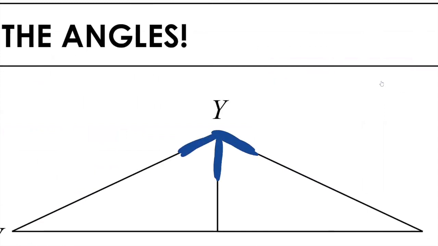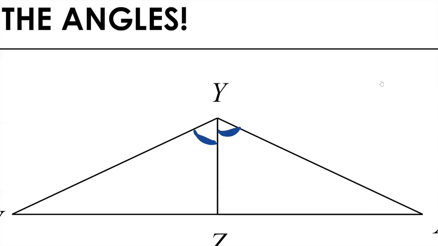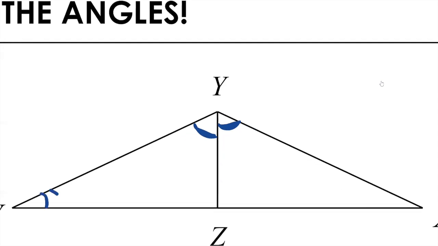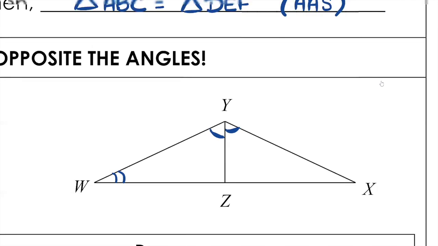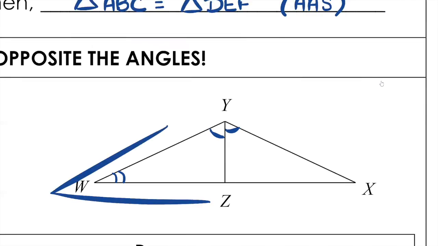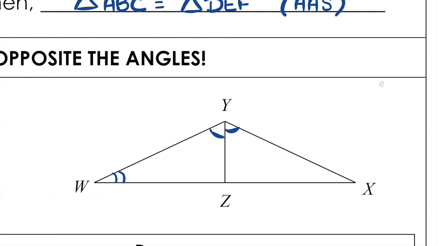What does it mean to bisect something? Cut in half. So it's going to make our two angles congruent. What else did they tell me in the given? So YWZ, so remember it goes Y to W to Z, is congruent to YXZ.